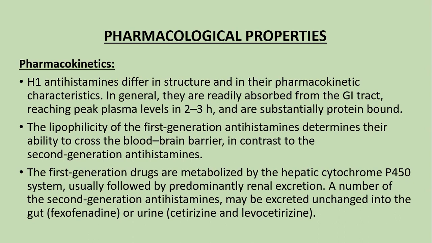The lipophilicity of first generation antihistamines determines their ability to cross the blood-brain barrier, in contrast to the second generation antihistamines. The first generation drugs are metabolized by the hepatic cytochrome P450 system, usually followed by predominant renal excretion. A number of second generation antihistamines may be excreted unchanged into the gut, like fexofenadine, or urine, like cetirizine and levocetirizine.